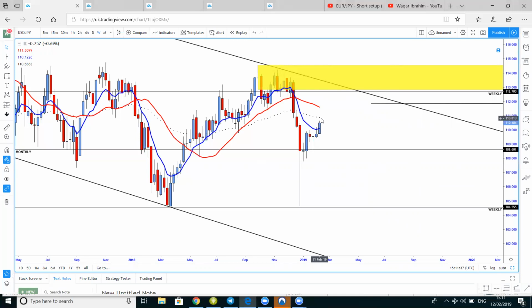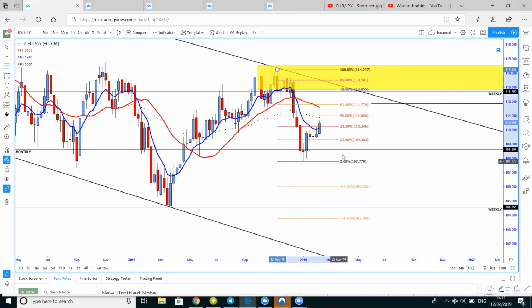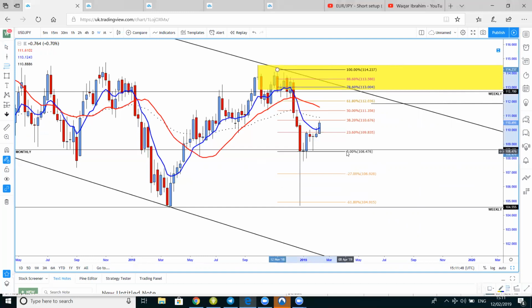Now we are approaching a 50 EMA here. This retracement, let's try and see Fibonacci levels where we are. So it's interesting to see how the price reacts from these levels.